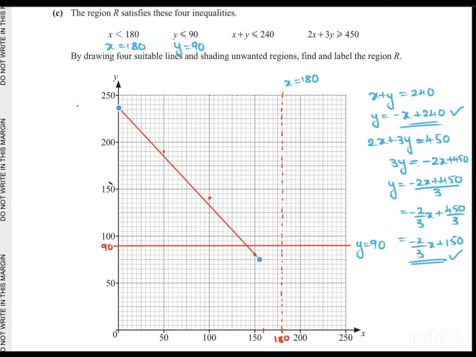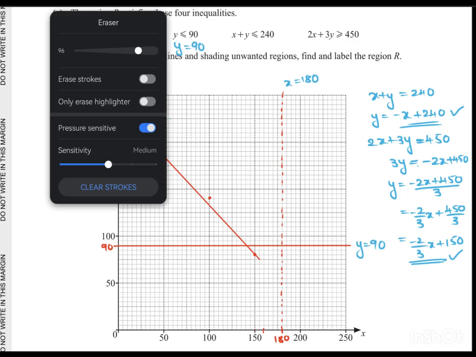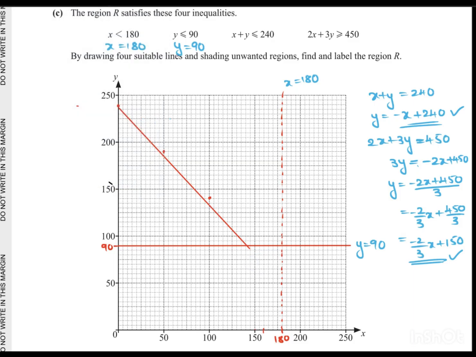Or something went wrong. Yeah, the last point. Let me undo. Yeah, this is 1, minus 1 is here, minus 1 will be here, plus 1 will be here, minus 1 plus 1, minus 1 plus 1. Okay, the point will be here.